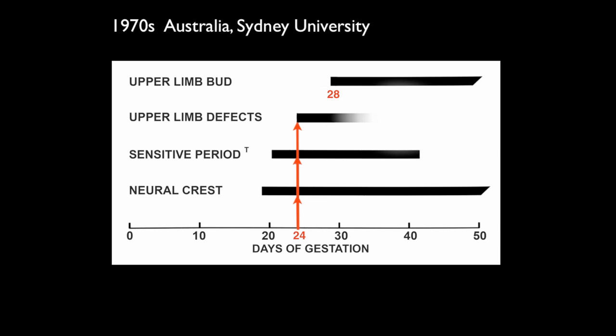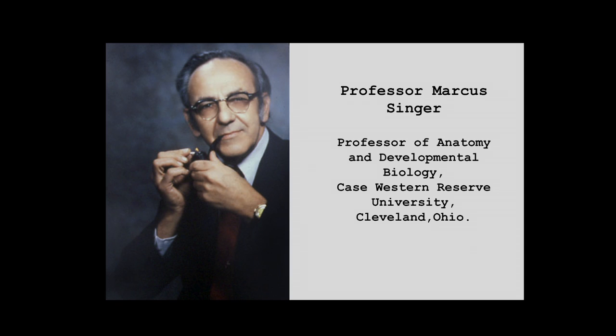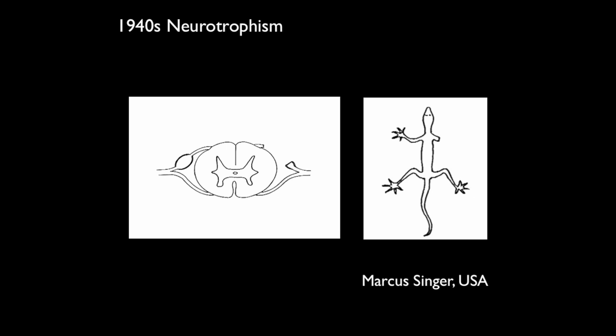I examined both arguments, and the regeneration biologists certainly had the stronger data. They were led by this man, Professor Marcus Singer of Cleveland, Ohio, who proved that limb growth in amphibia is dependent upon sensory nerves. Singer found that without sensory nerves, limbs will not regrow.